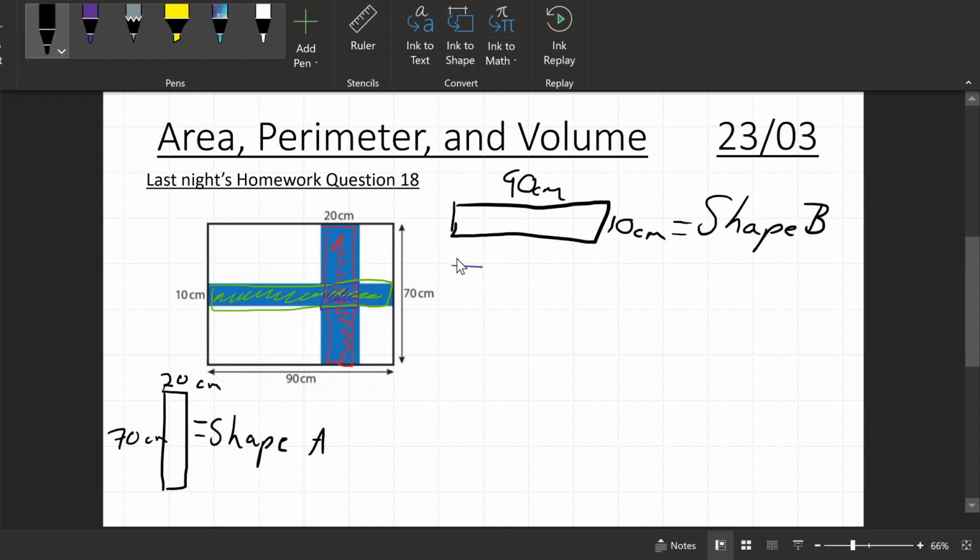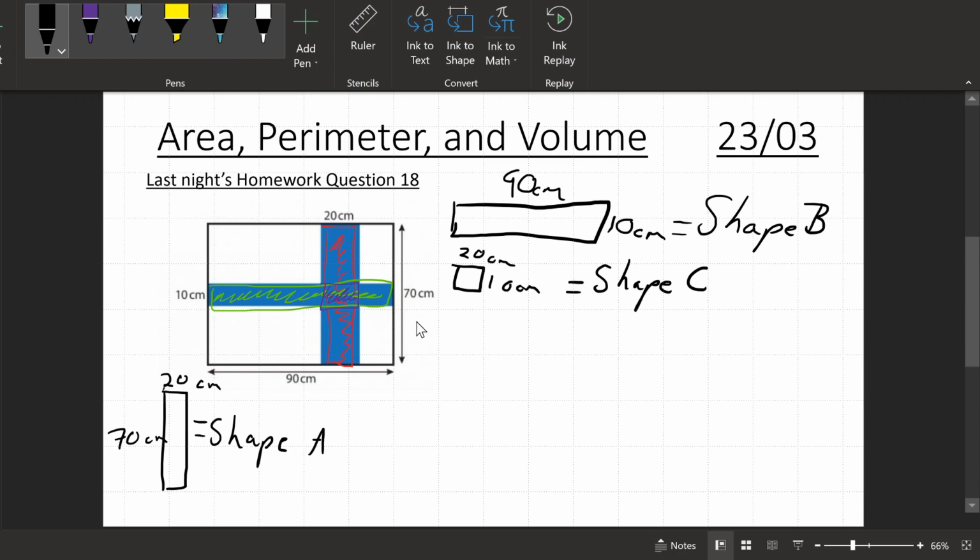So we've got shape A, we've got shape B, and we've got another one which is going to be much, much smaller, 10 centimeters by 20 centimeters, and that's going to be our shape C. So the vertical plus the horizontal, take away this section in the middle because we're counting that twice, okay?